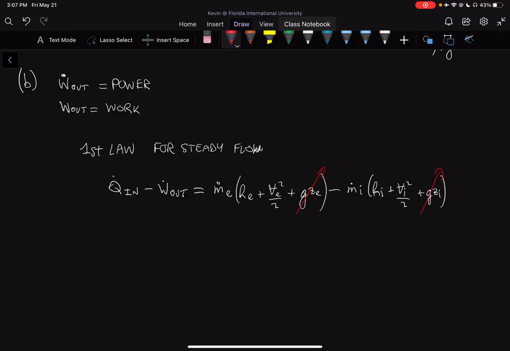And we can simplify our equation to have everything in terms of 2s and 1s, because we called state E 2 and state I 1.